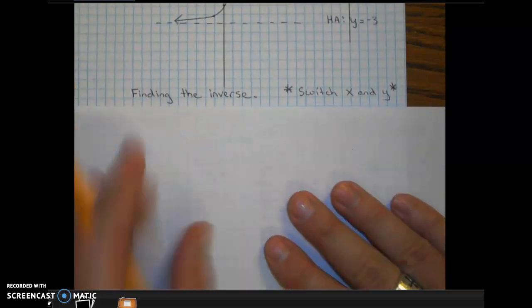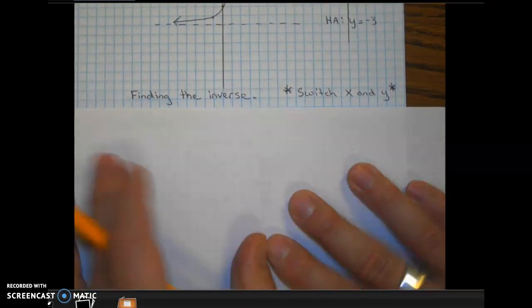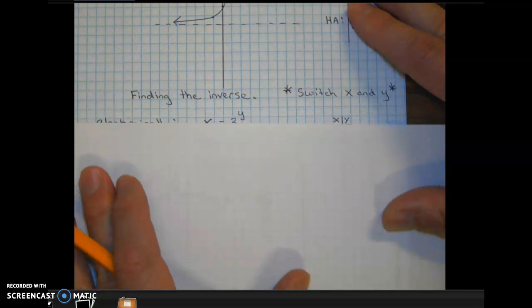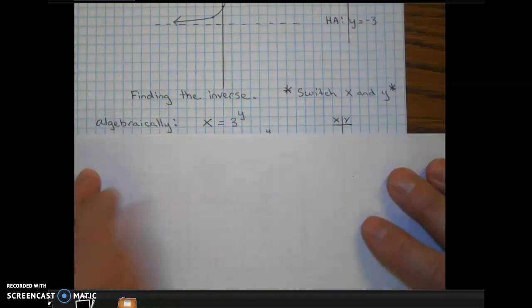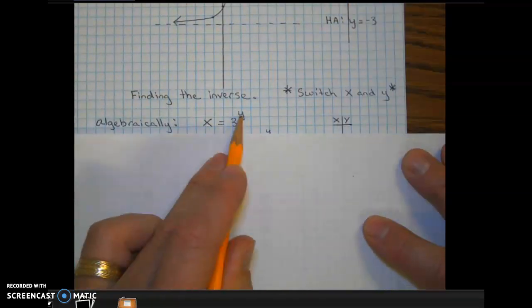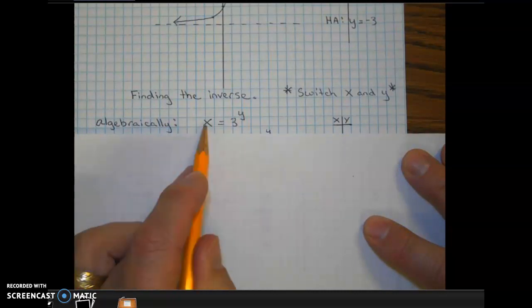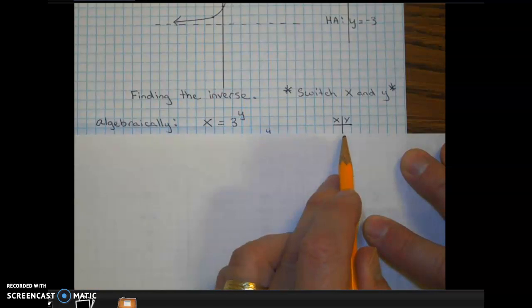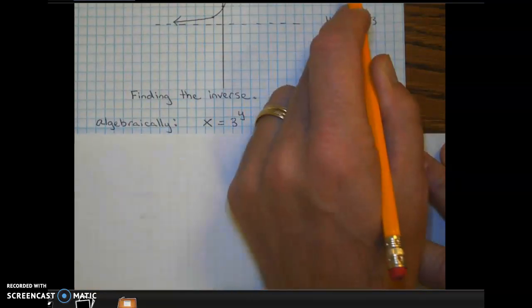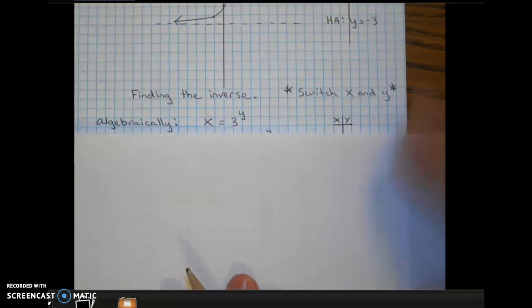So that's what we're going to do first. We're going to switch x and y. Algebraically, we're going to walk through this over here, and then tabularly, we're going to see how the table differs from the exponential table above.